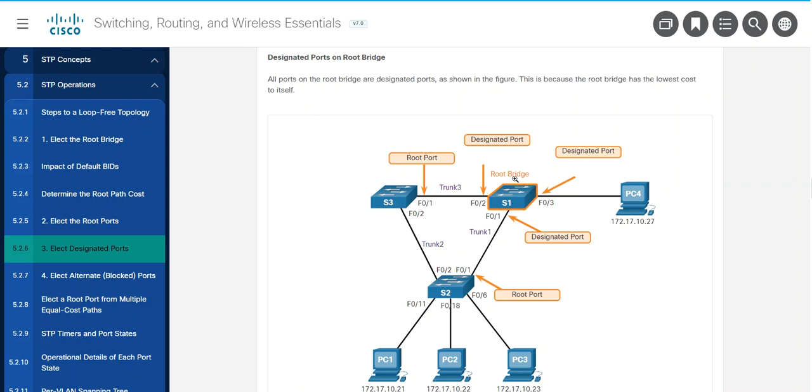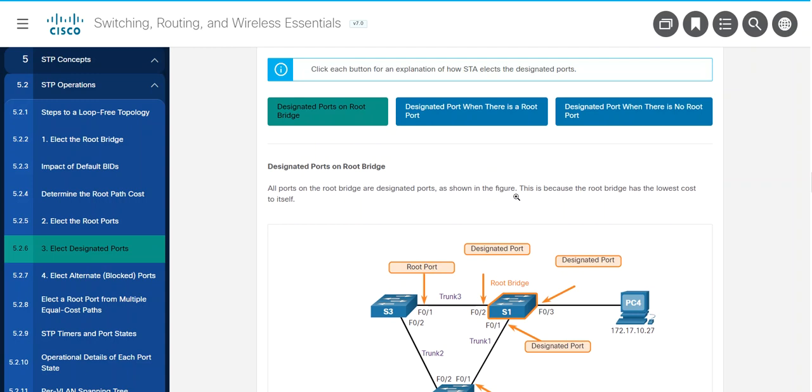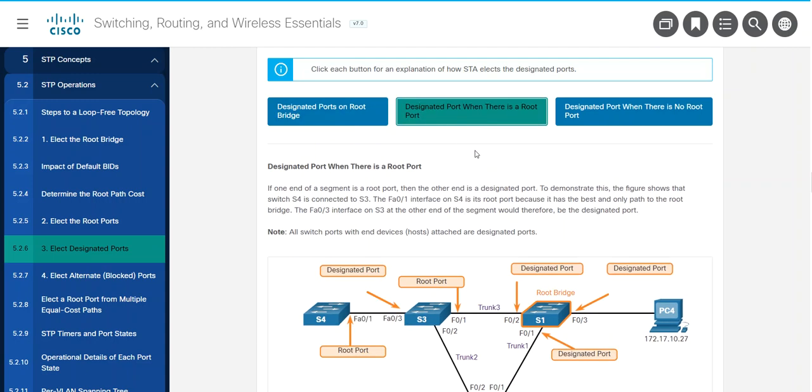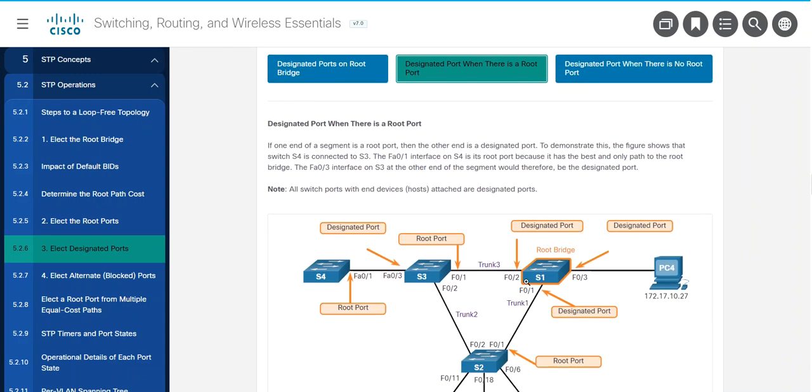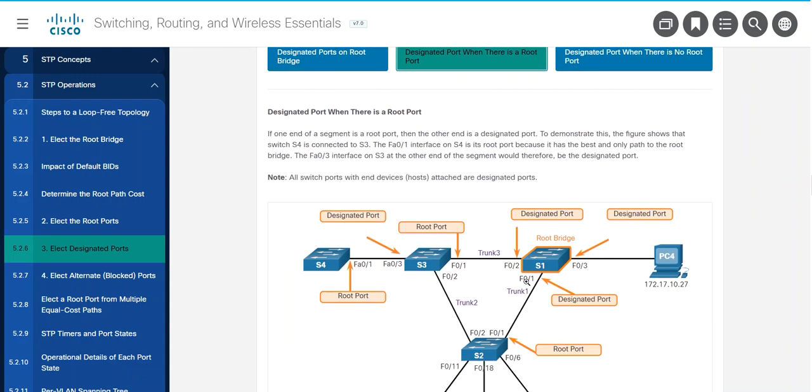So you will never have a root port on the root bridge because those ports are on the bridge itself. In this particular scenario, you're looking at designated ports when there's a root port. So that was the scenario that I was referring to earlier. So again, on the root bridge, all of those will always be designated ports.